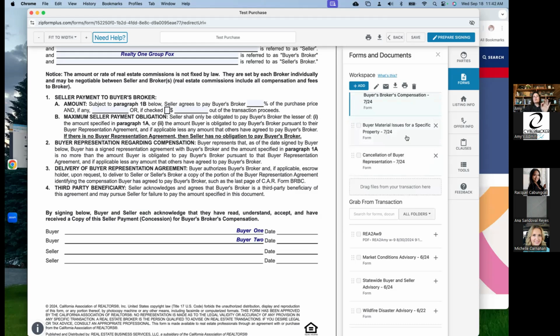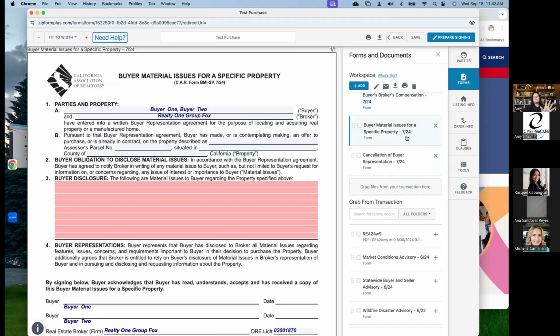The only other form that applies to this buyer that you might come across, or that you might want to include the second that you get into contract on a property, is the buyer material issues for a specific property form. It talks about this form in the BRBC. It also, I believe, talks about it in the RPA. Okay, so this form comes into play.